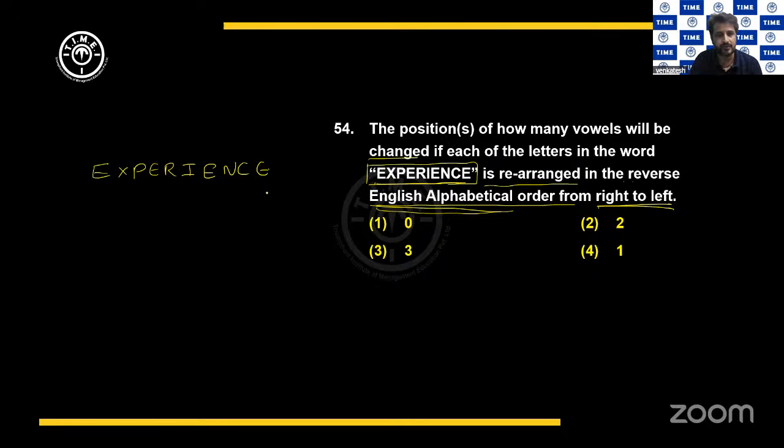What is the last one to come? R. Basically, reverse alphabetical order from right to left is equal to alphabetical order from left to right.